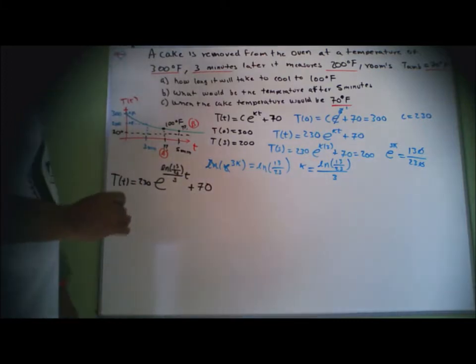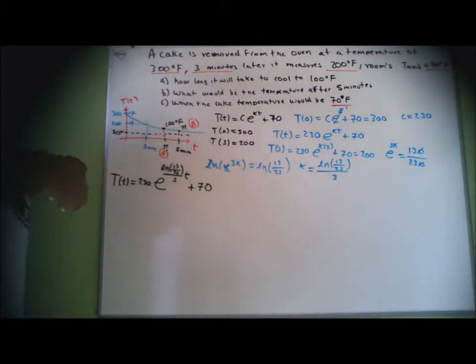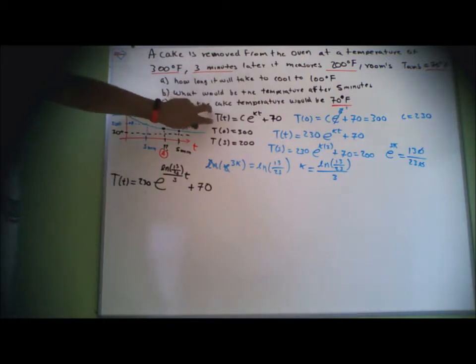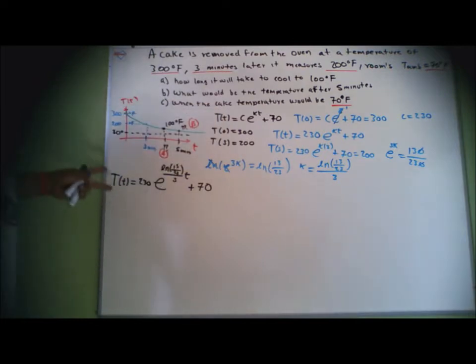So we have the personalized model. What we have done here is taking the general solution, which is the general differential equation solution, and we now have the personalized model or the specific solution, specific for the characteristic of this cake that is cooling.